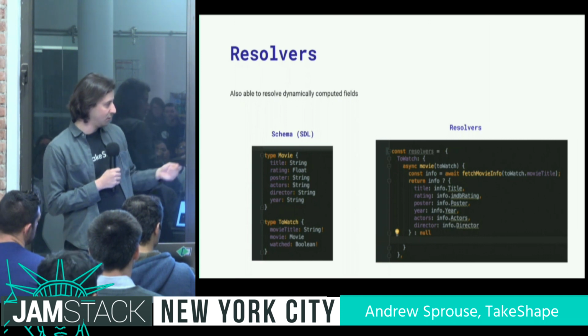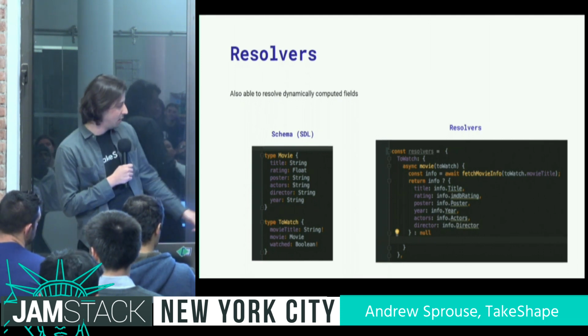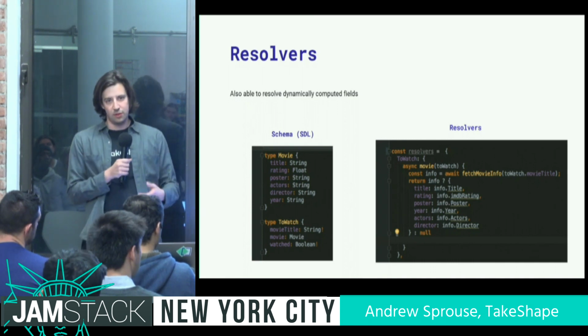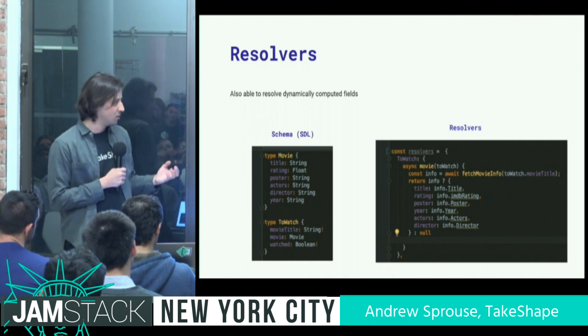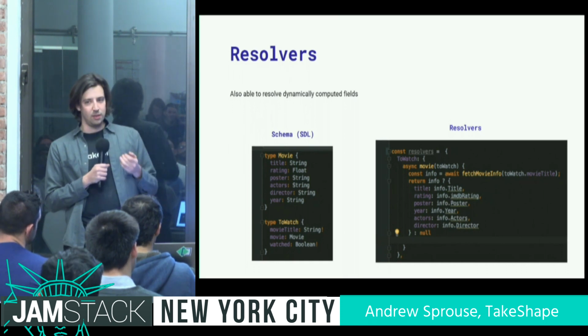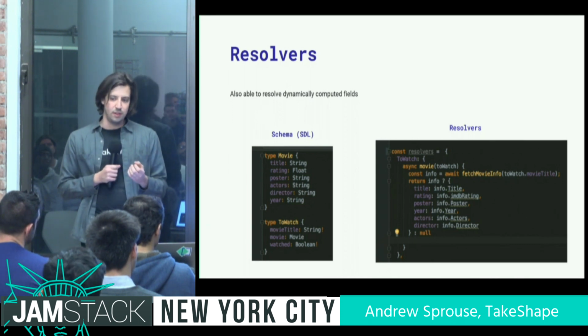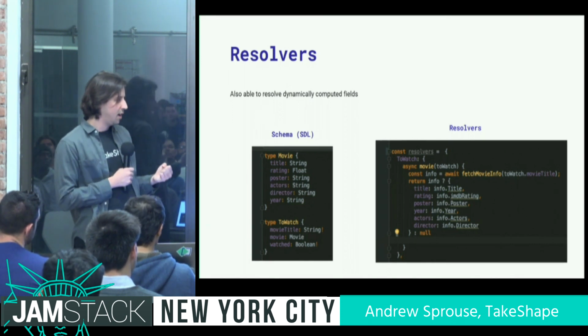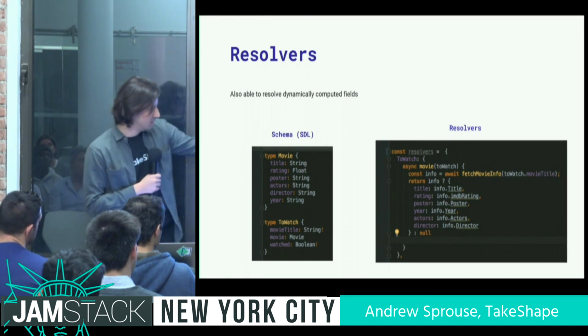For example, the to-watch data type right here has a movie field, and the movie field doesn't actually exist in our database. It could be pulled from some other service. So what we can do is define a resolver to go reach out to an external service and grab that data for us on the fly when the person asks for that information in the query. So this is an example of a resolver.